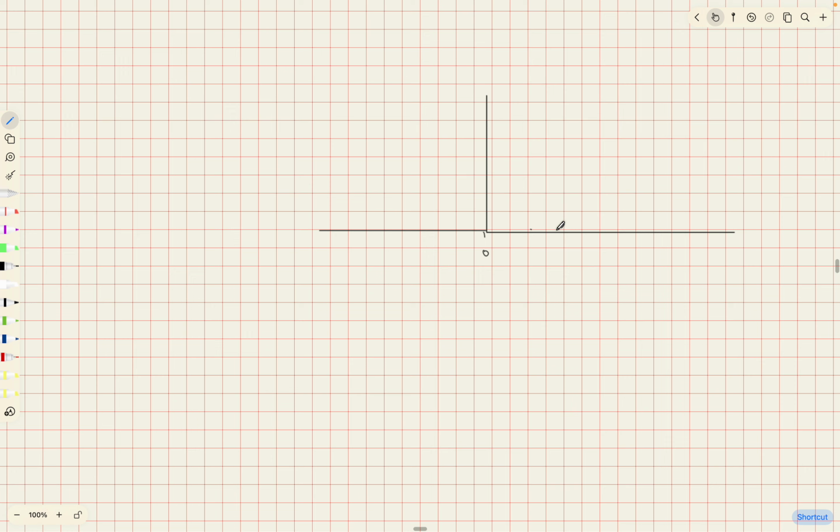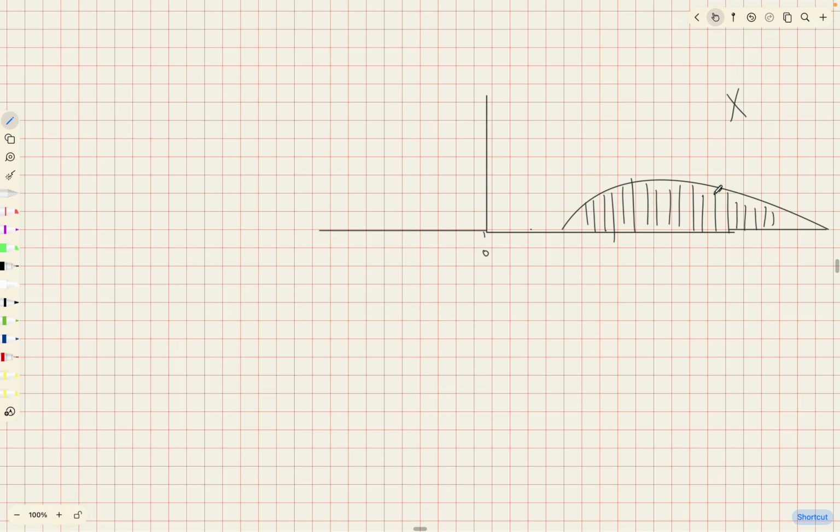We have, let's say, this distribution. And this is basically the values of random variable x.